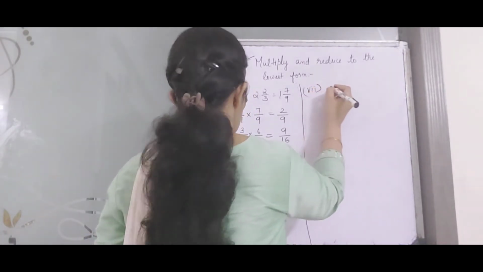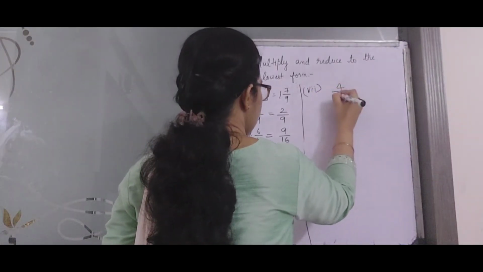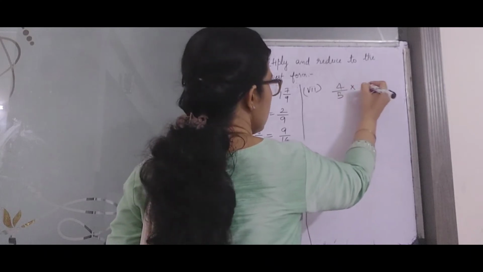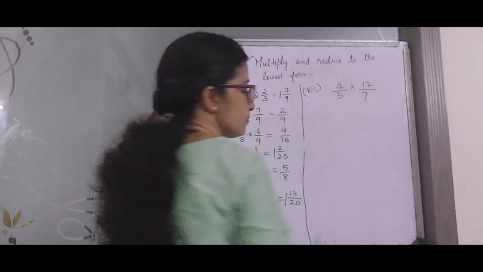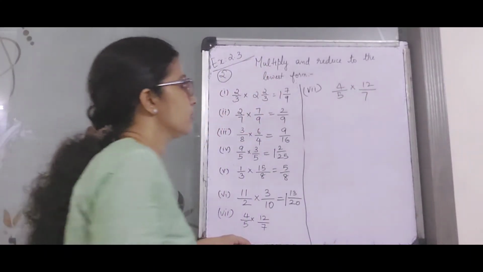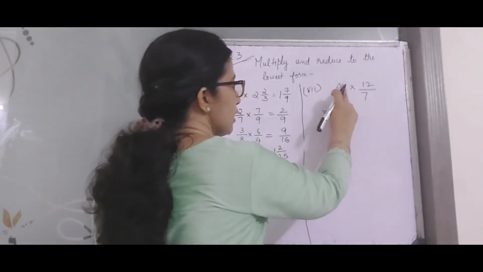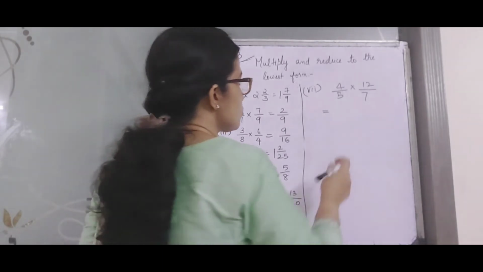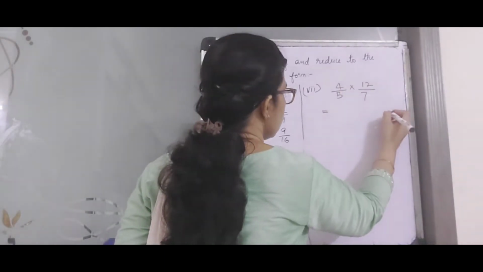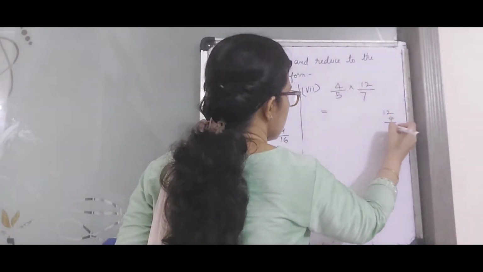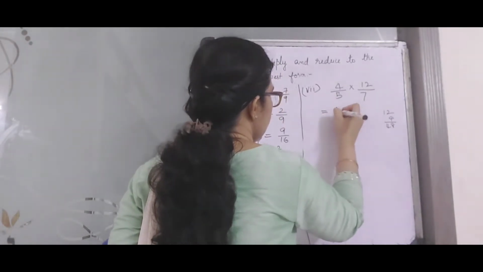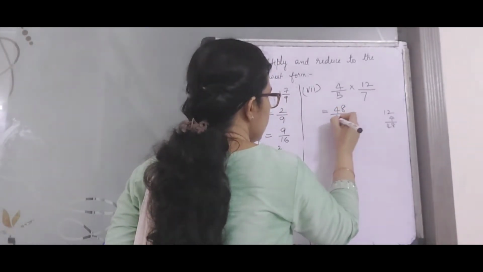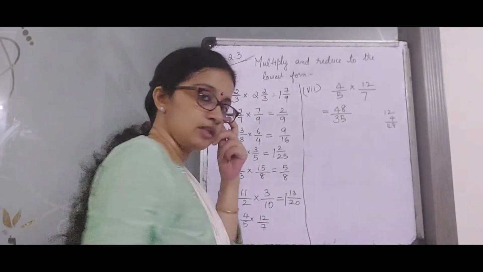Seventh question is 4 by 5 into 12 by 7. Okay. Now here also we have to directly multiply since there is no common factor. Okay. So 12 into 4, what is 12 into 4? 48. So 48 divided by 35. Okay.